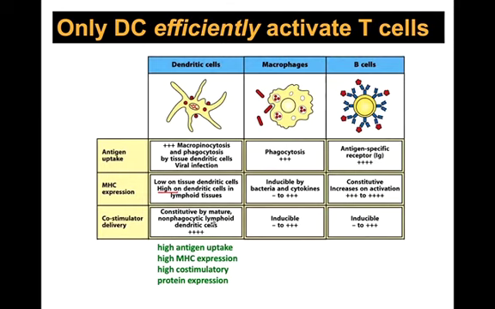Now, the reason that we include macrophages and B cells as antigen-presenting cells is, first of all, macrophages can take up, obviously, their job is to phagocytose things, hence the name. And so they're taking up stuff from the environment. But they don't really express MHC very highly, but they can.